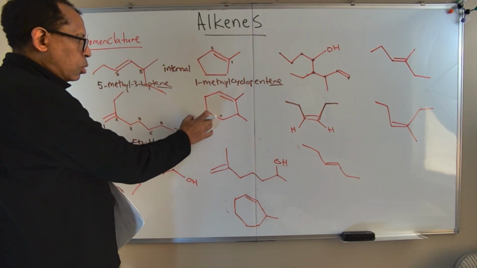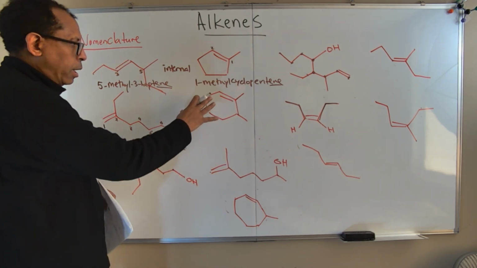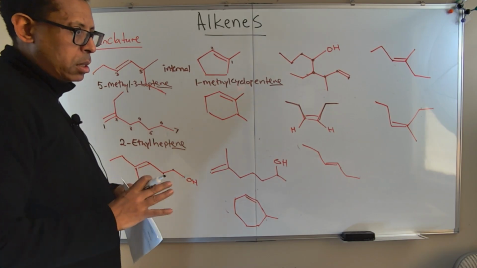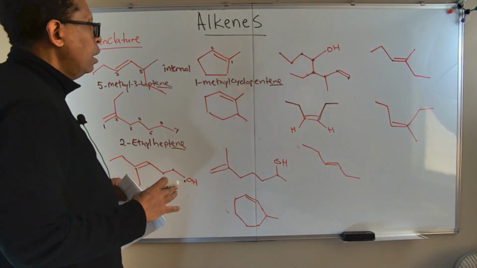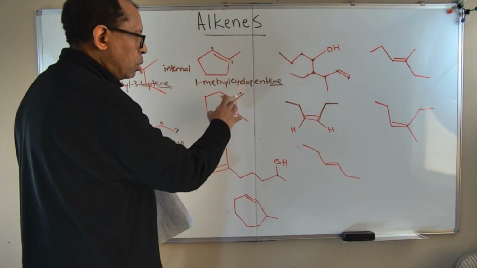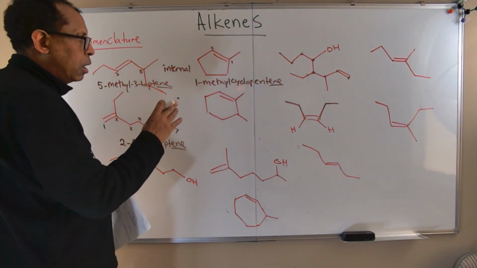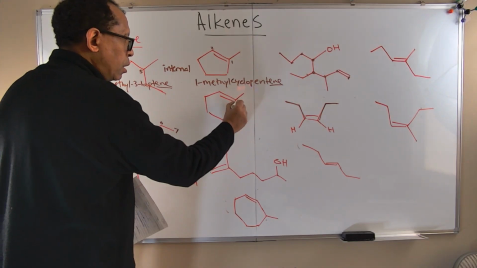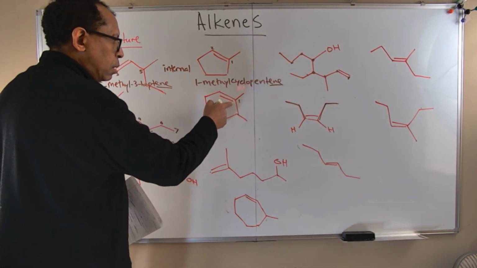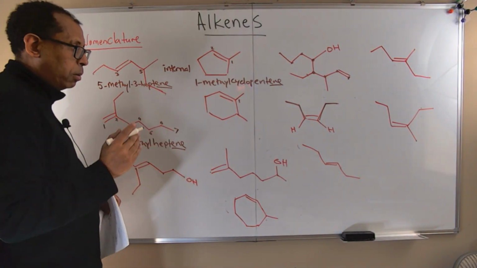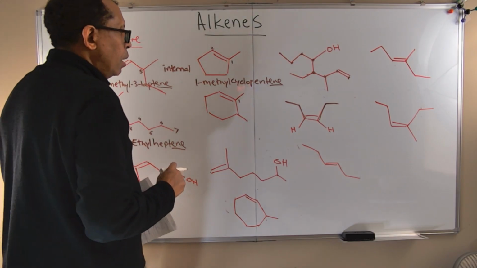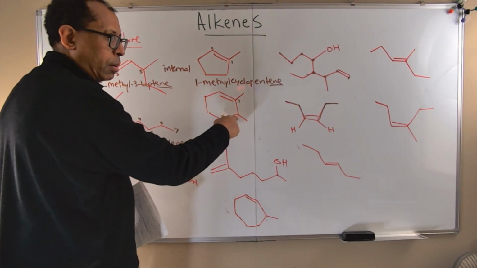Let's go to this one. This is a cyclohexene ring, a 6-member ring, and it has 2 substituents as well. But the way you count, always be careful. This is carbon number 1, highly substituted double bond is a priority always in this case. But you don't count this way. Be careful.